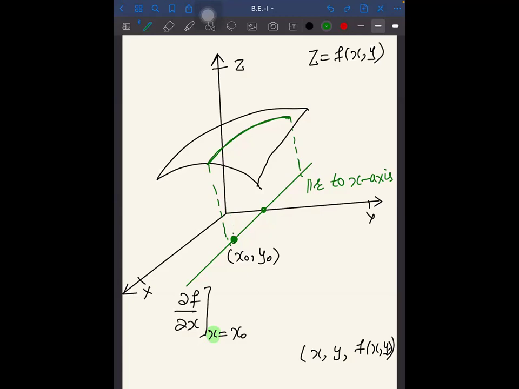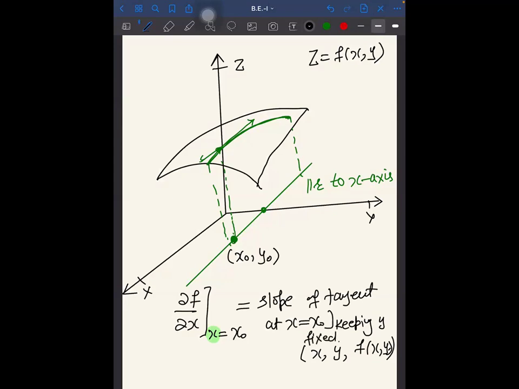At point x naught, y naught, the derivative of this curve would be the slope of the tangent to this curve. So curly f upon curly x would be nothing but the slope of the tangent at x equal to x naught, keeping y fixed, right? Are you with me on this?